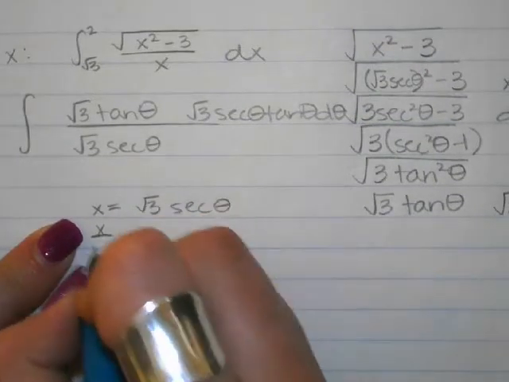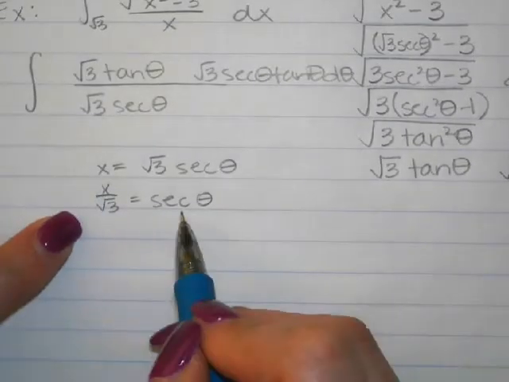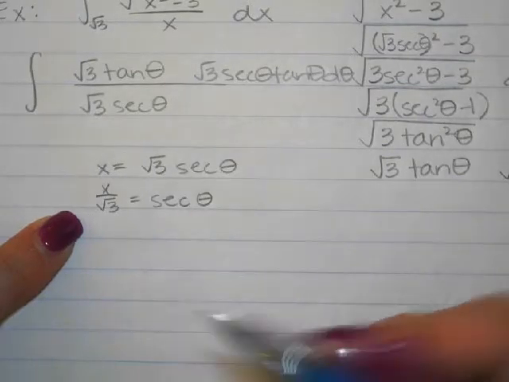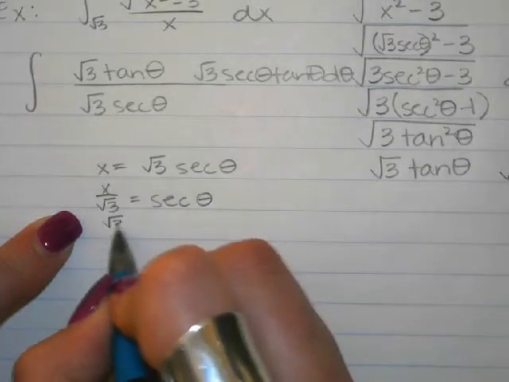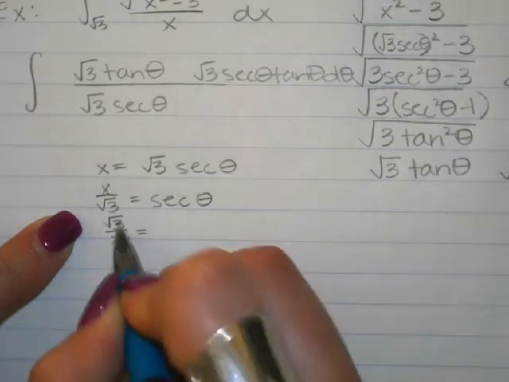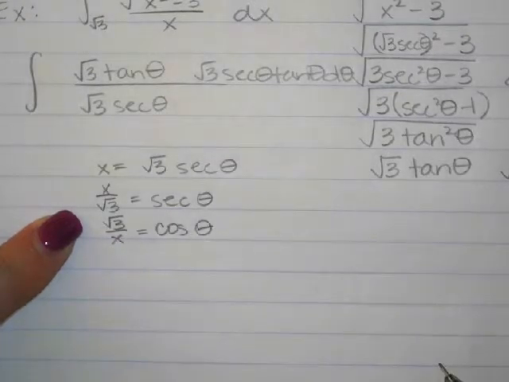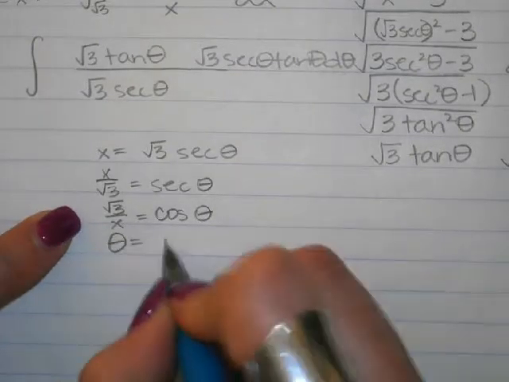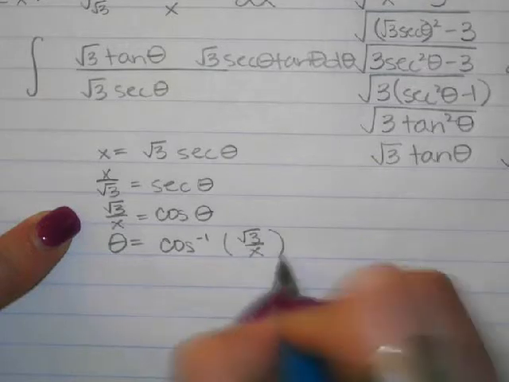So I have x over root 3 equals secant theta. If we're not very comfortable with that, because it's secant, we can flip it, and then it would be cos, because secant is just hypotenuse over adjacent. So if I flip these, that would be adjacent over hypotenuse. So that's how I can make it a cos. And then theta would be cos inverse of root 3 over x.